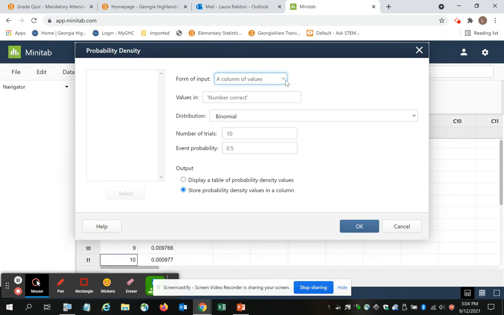We want to do a column of values, and my values are in column 1. I'm doing a binomial with 10 trials and an event probability of 0.5, and I'm putting the results in the column.